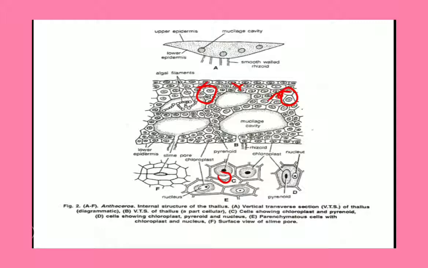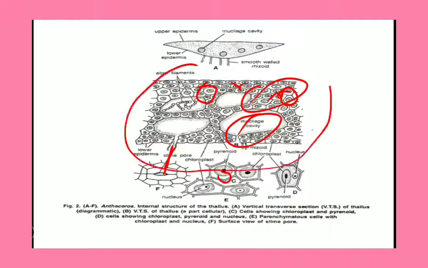Chloroplast is also present, along with the slime pore, nucleus, chloroplast and mucilaginous cavity in some of these parenchymatous cells. This is the figure of the internal structure of the Anthoceros thallus.